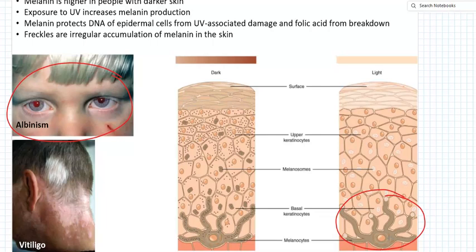Now, in case of vitiligo, it's patches of skin where this gene is inactive, or melanocytes are gone. Studies demonstrated it is not associated with any pathology whatsoever. It's just a feature. Okay?